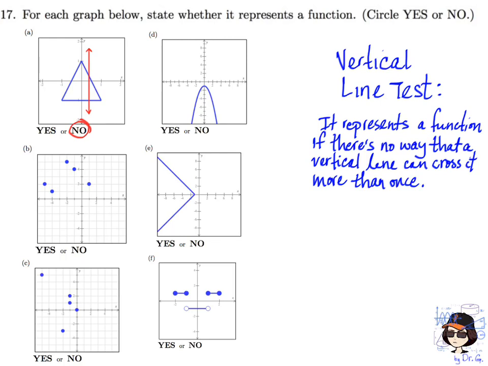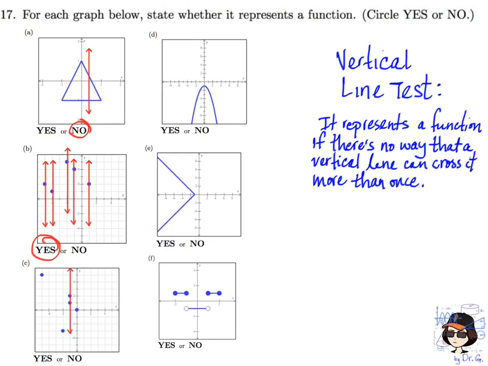Part B, I'm going to draw a vertical line there, just 1 point, another, just 1 point, 1 point, 1 point. There's no way I can draw a vertical line and cross it twice. Every vertical line I draw crosses the graph at most one time. So that one, yeah, that's a function. Part C, let's draw a couple of lines.